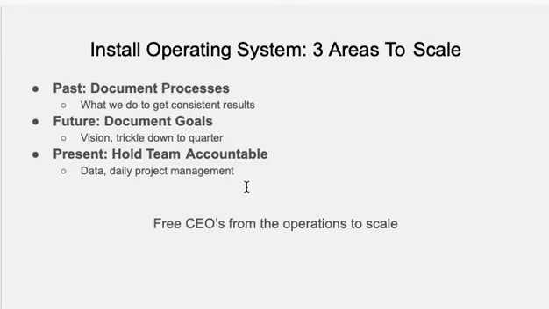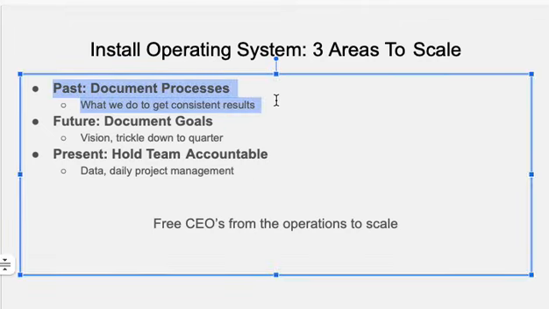So lastly, this is kind of my overall philosophy of how operations work. Today we talked about replicable results, and that was really just key in documenting your past and documenting all of your processes, all of your workflows, all of your SOPs. The next 2 steps, I'll just briefly explain. The next 2 steps are future and present.